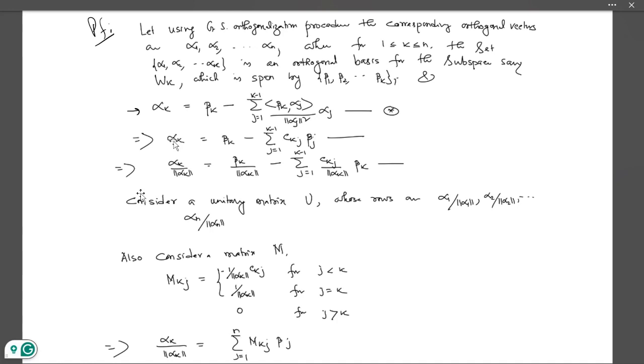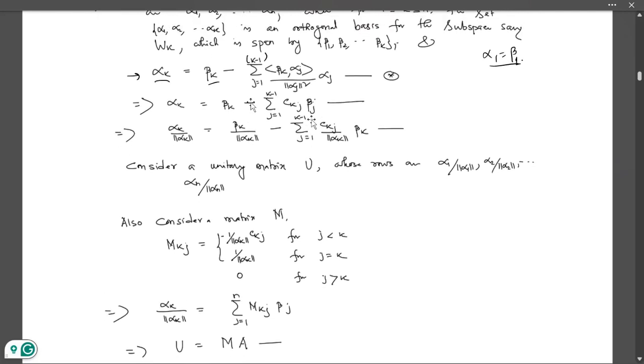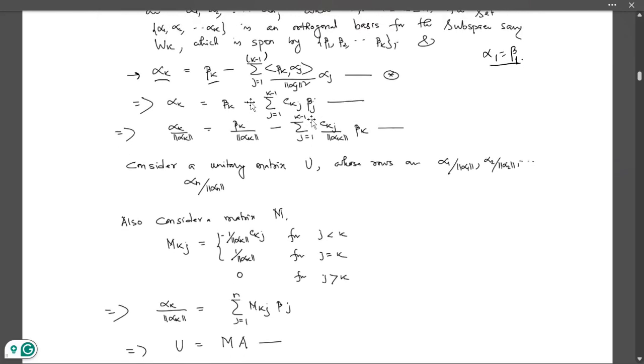First you calculate alpha 1 as equal to beta 1, and then if you calculate alpha 2, you can use alpha 1 in your formula. So this sum is up to k minus 1. So alpha k is coming from beta k and the previous alphas which are already calculated. So this formula is for the Gram-Schmidt orthogonalization process.